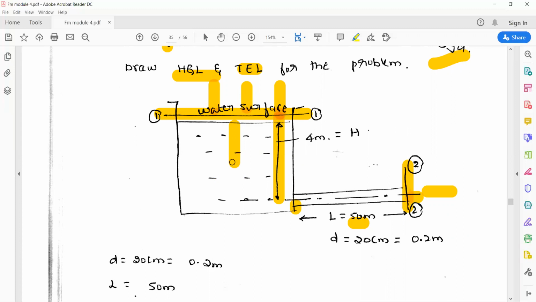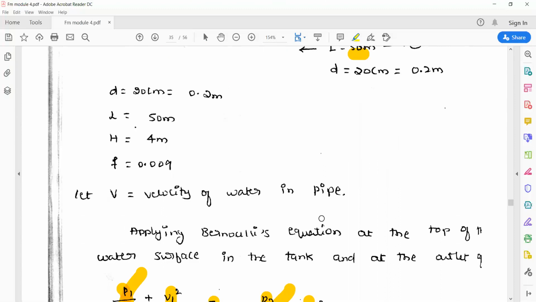But section 2 is at the pipe only, at the end of the pipe. So the velocity at section 2 has to be considered, because water flows faster through the pipe than in the tank. So V1 becomes 0, V2 has to be considered.